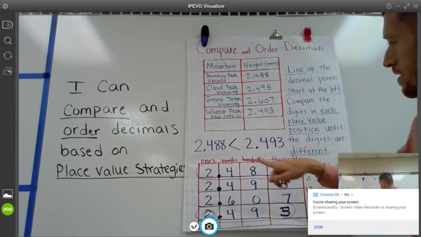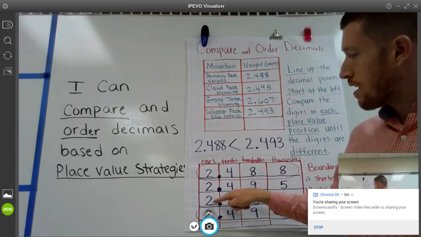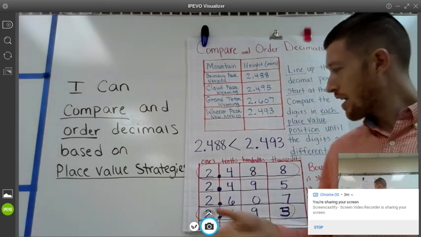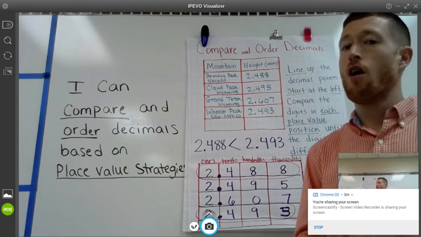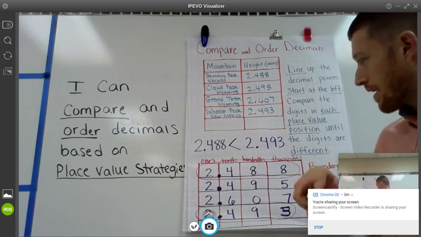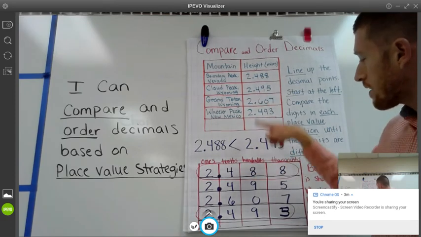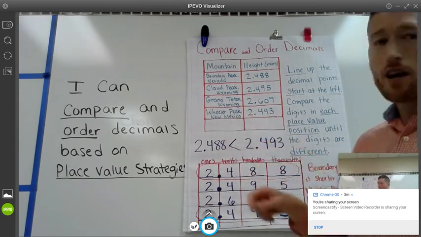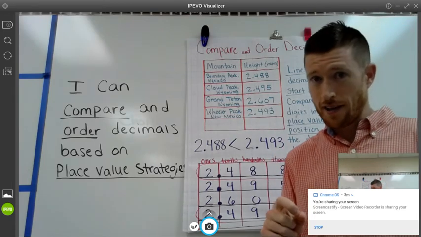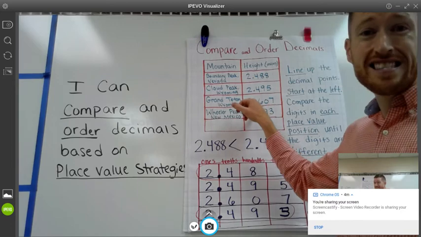So if you look, and we start in the ones place, every single one of these mountain heights is 2 and something. They all have a 2 in the ones place. So they're all at least 2 miles high. Now let's check out the tenths place. If you notice, Boundary Peak, Cloud Peak, and Wheeler Peak all have a 4 in the tenths place. But Grand Teton has a 6.